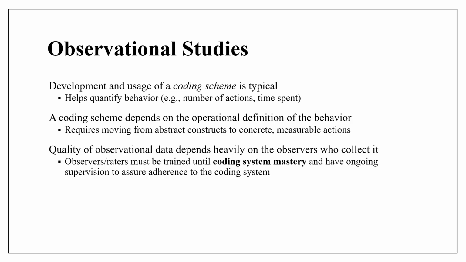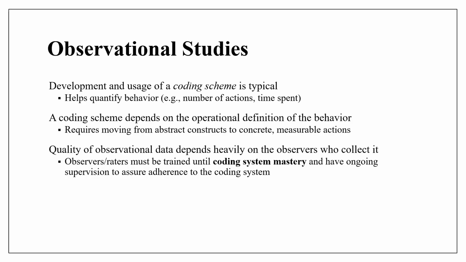Now, the quality of observational data depends heavily on the observers who collect the data. And as such, we need to make sure that the observers and the raters are trained until coding system mastery and have ongoing supervision to assure adherence to the coding system.